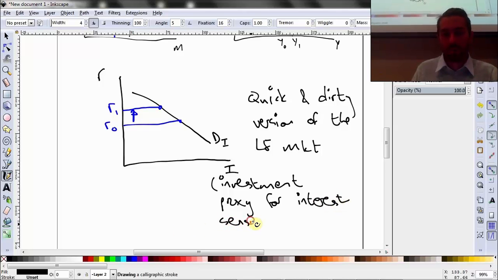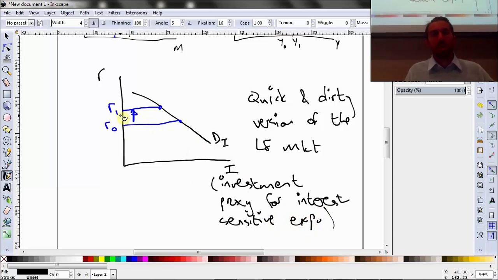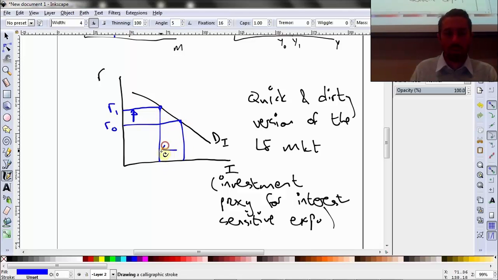Okay. An increase in interest rate decreases that expenditure, right? In other words, the quantity of investment decreases from I0 to I1.